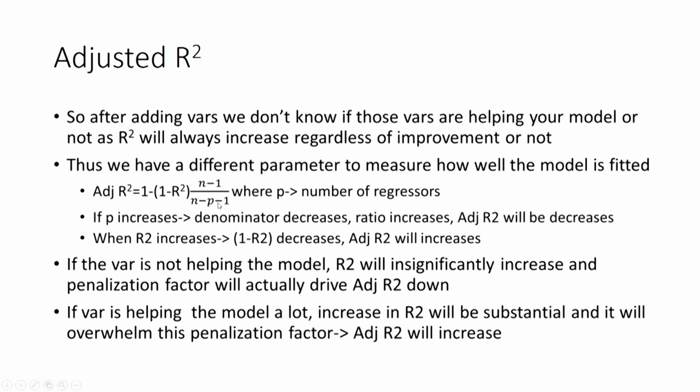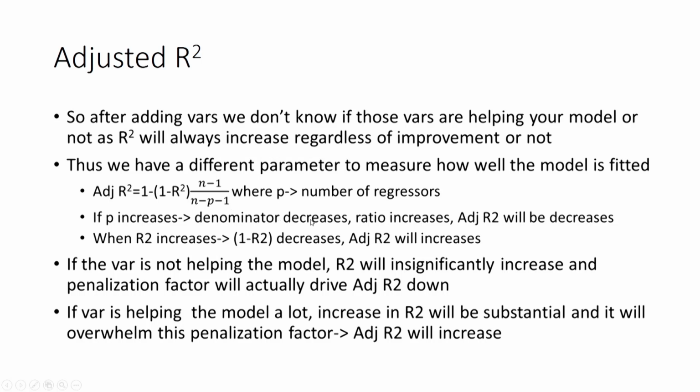So, suppose we do not know whether we should add a new variable or not. So, we will add it, and in that case we are increasing the value of p. So, what will happen, this denominator will decrease because the denominator is n minus p minus 1.